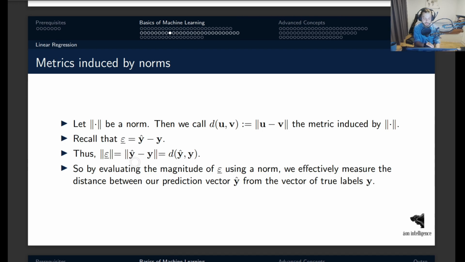And since this expression corresponds to our metric induced by some norm, we have that this corresponds to some metric that takes as input the prediction vector and the true label vector. So what we effectively do by measuring the magnitude of epsilon underscore using a norm is that we measure the distance between our prediction vector y hat and the true labels. This is the distance between the predictions and the true labels.